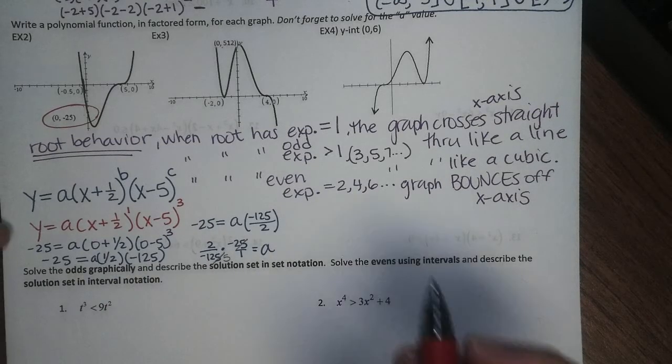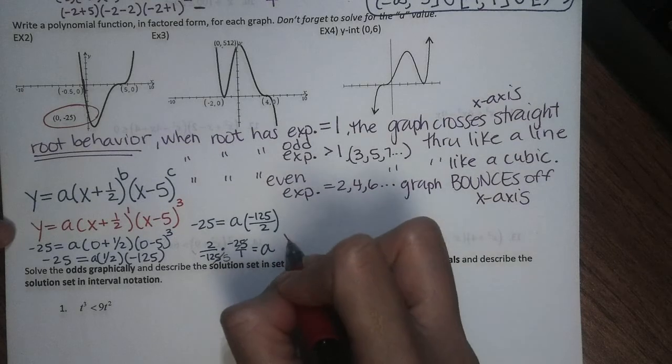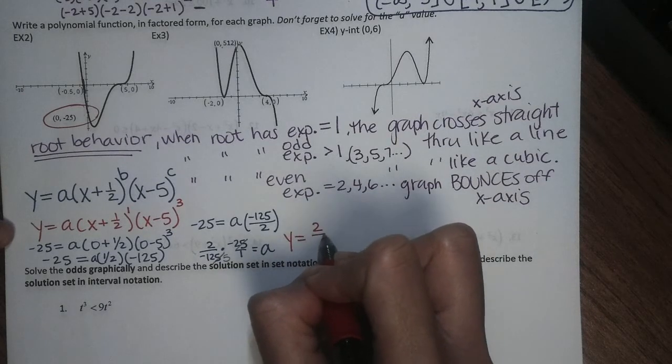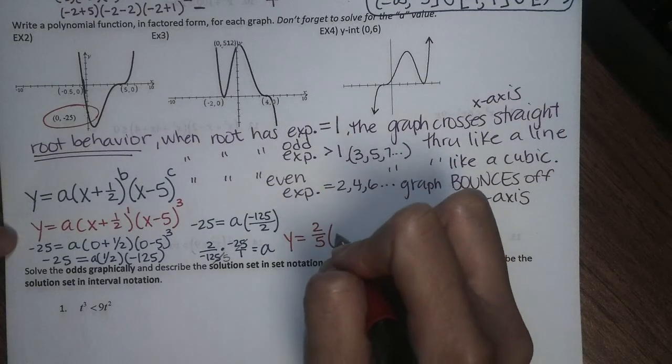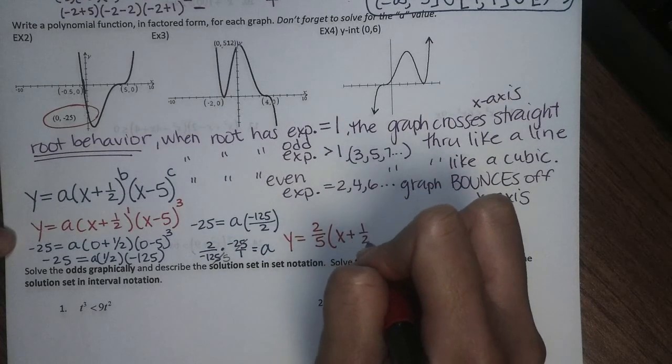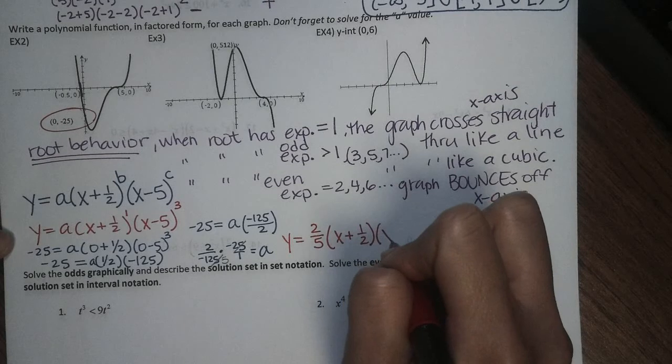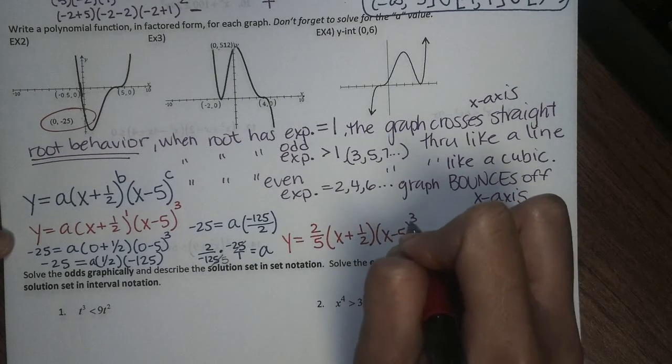So I guess final answer, you would type in a equals 2/5, x plus a half, x minus 5 cubed.